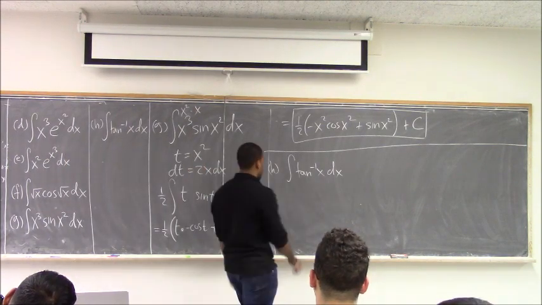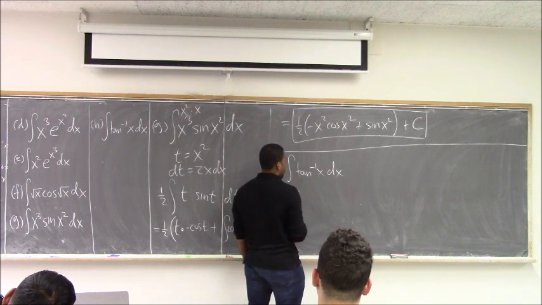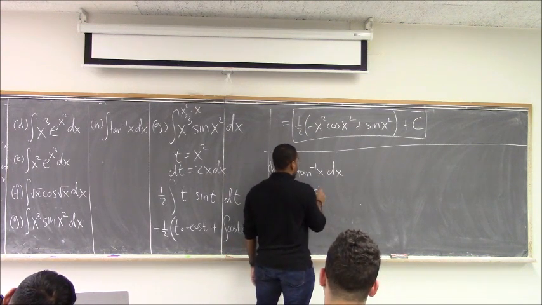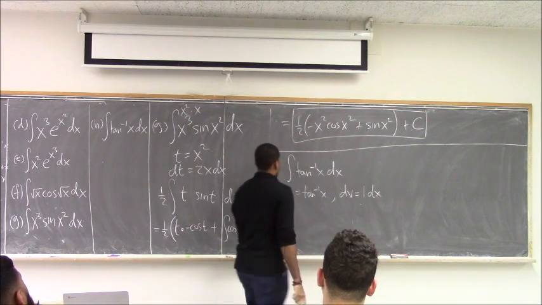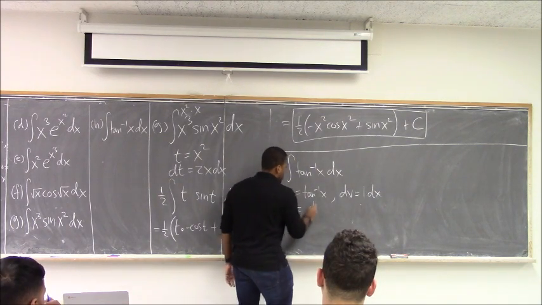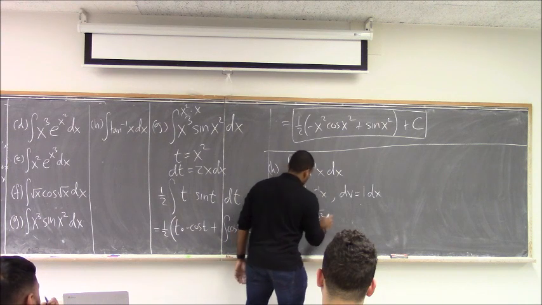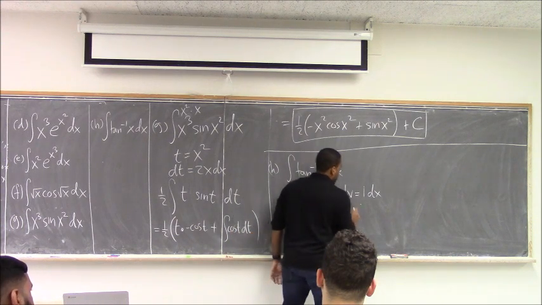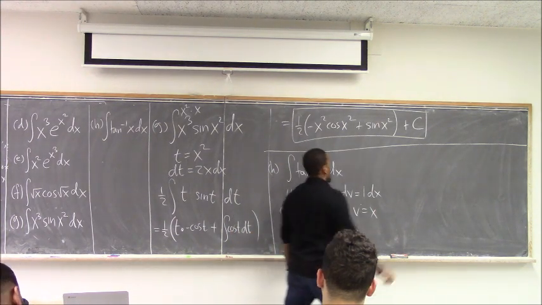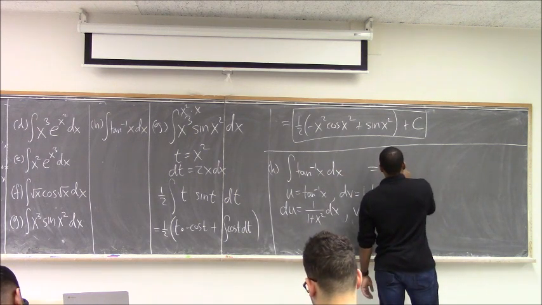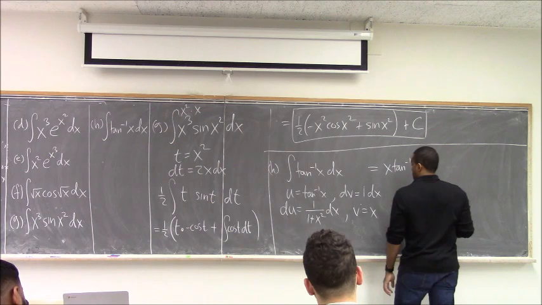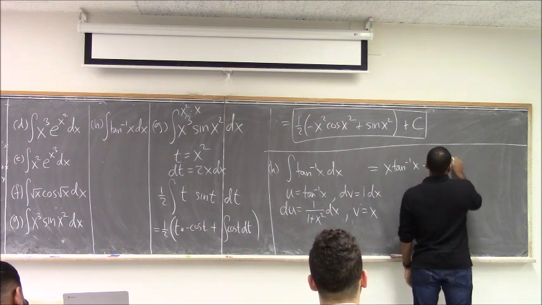So this is one of those by parts where you only have one function, so you think of the u as your tan inverse and your dv as just 1. Your du is going to be 1 over 1 plus x squared, and your v is going to be x. And so this ends up being u times v minus the integral of v du.